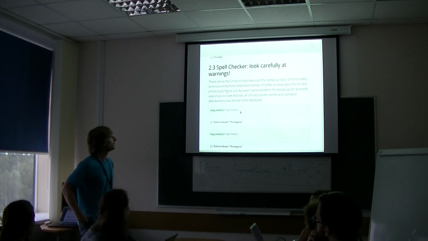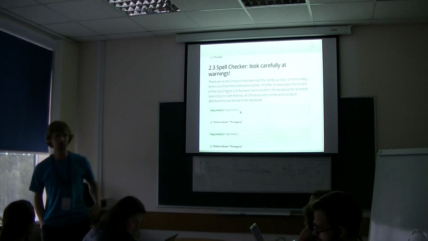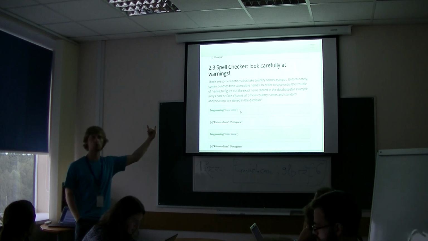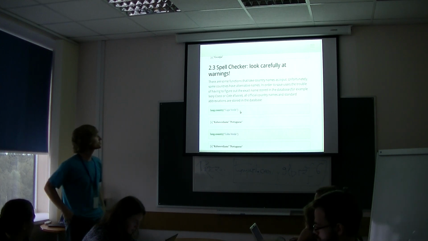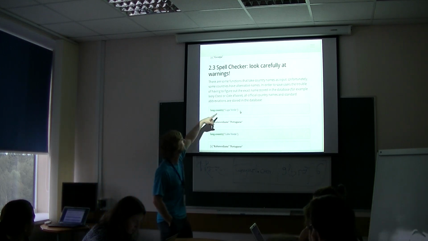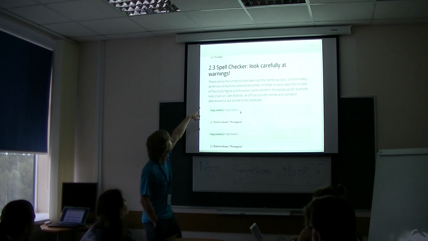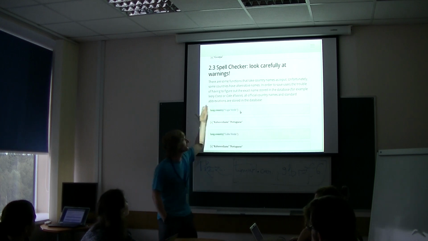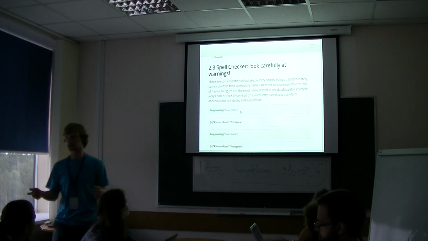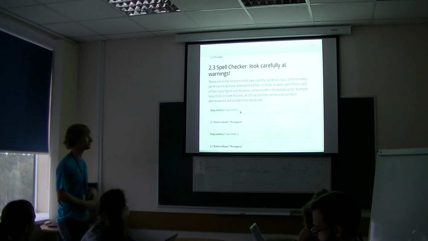So for this reason, I created a spell checker that checks whether a language is in our database and what it could be. First, I need to provide different names for different countries. For instance, we have Cote d'Ivoire and Ivory Coast, and it will be different things. But you shouldn't think about this now.